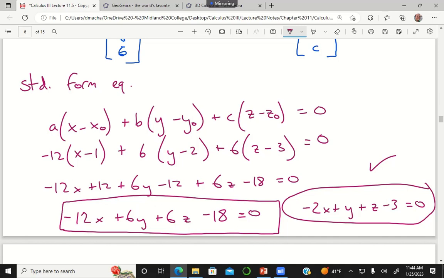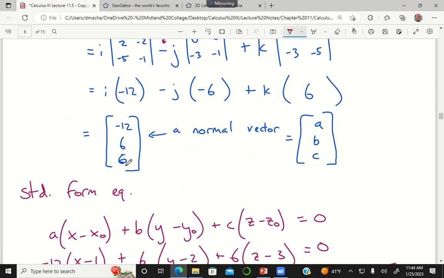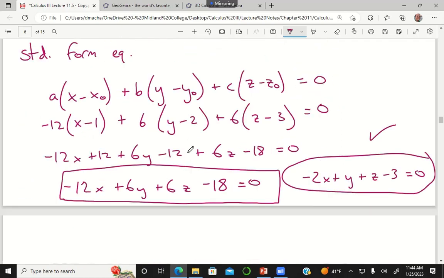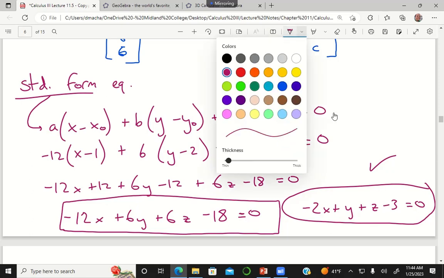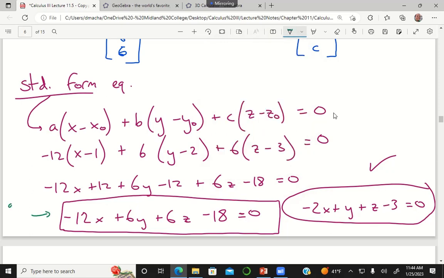It's like taking another normal vector. Yeah, exactly. So this vector, negative 12, 6, 6, is normal to the plane, but the vector negative 2, 1, 1 would also be normal to the plane. And you can find a whole bunch of vectors normal to the plane just by multiplying or dividing. So this is, again, to remind the standard form, but what we were asked for our answer was general form. And so that is our general form.